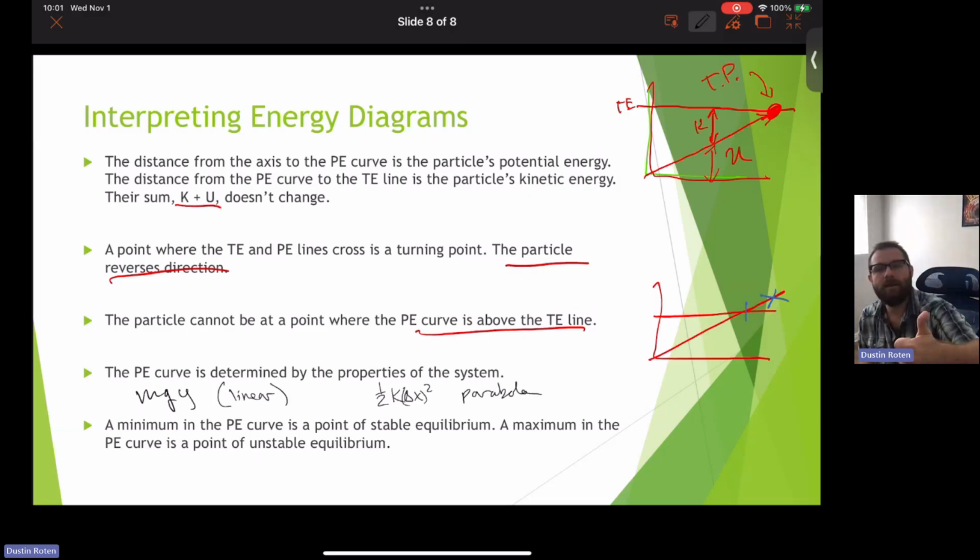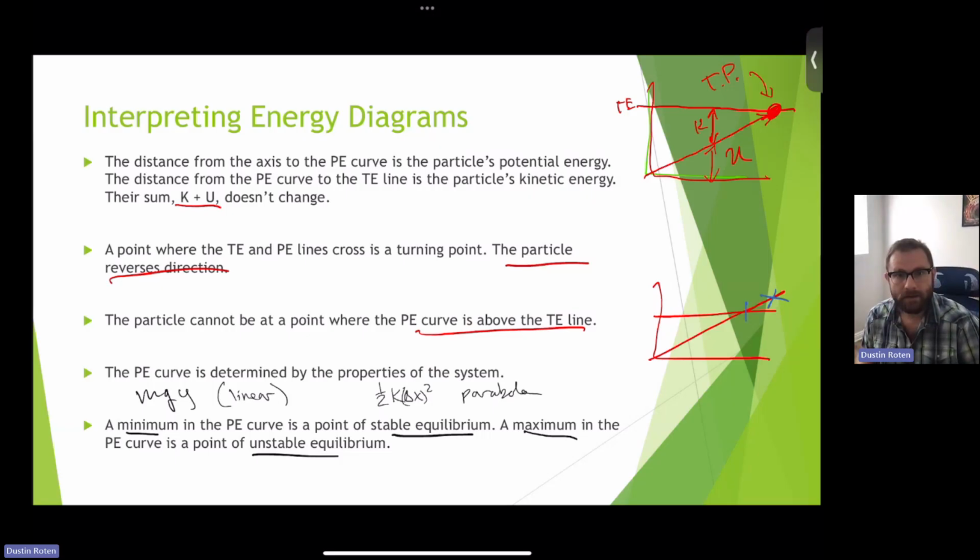And of course, like the m in this equation or the k in the other one, that's actually going to set up what your graph looks like. So do remember that a minimum in the potential energy is a point of stable equilibrium. And then a maximum in the potential energy curve is an unstable equilibrium.